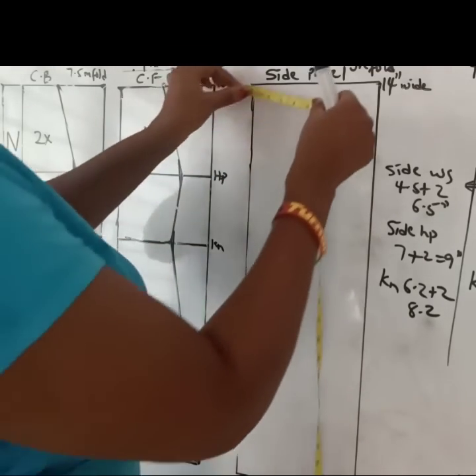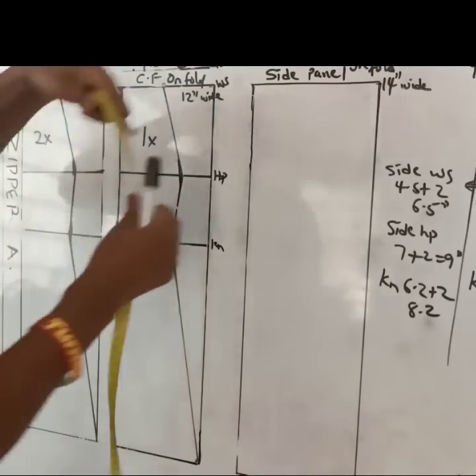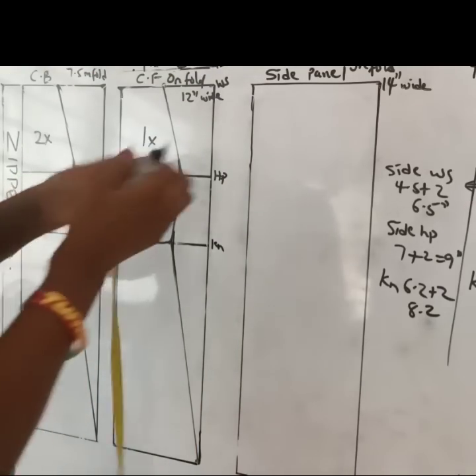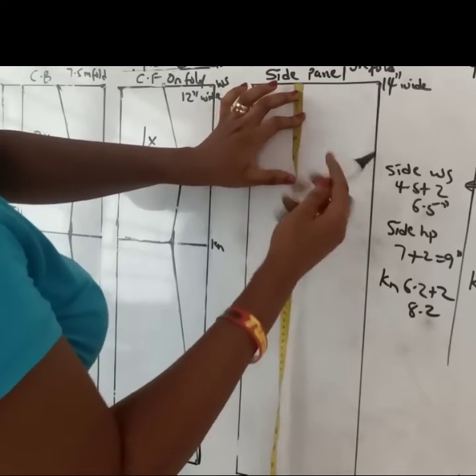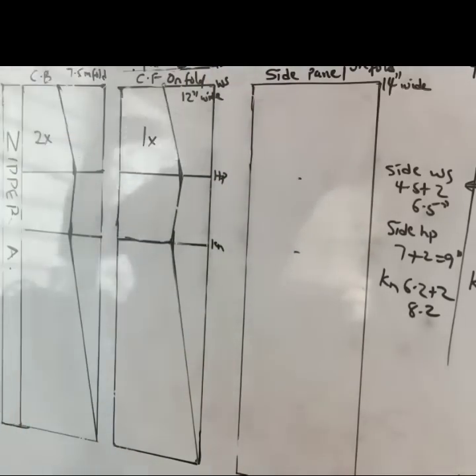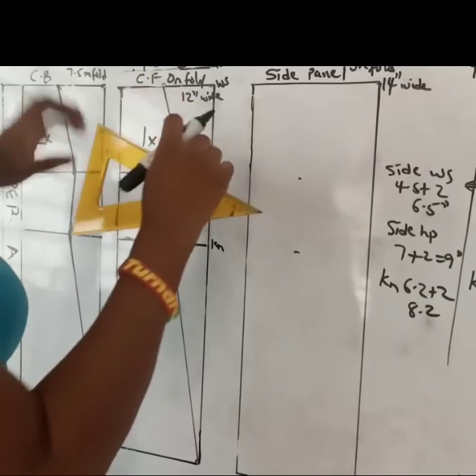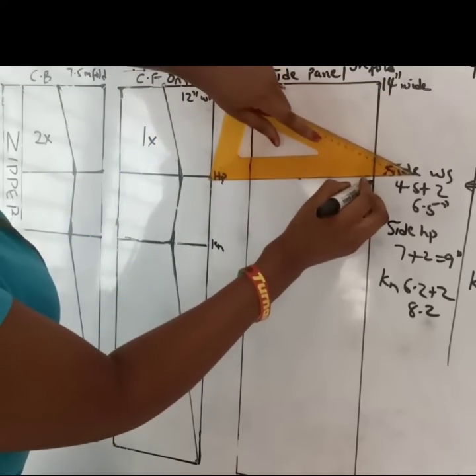So when you fold 14 into 2, you are going to have 7. So let me just mark out. Here we have our hip line and our knee line. Do it to also mark your waist to knee and so on.